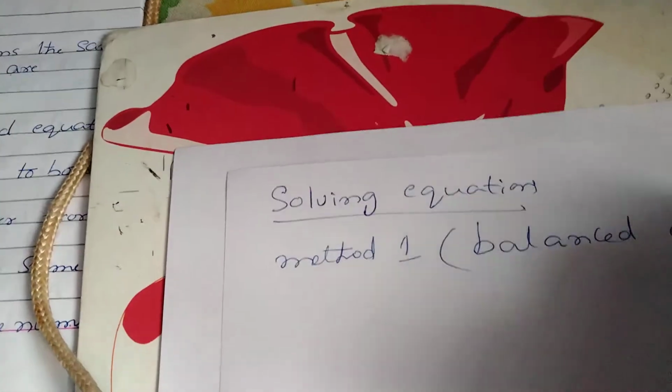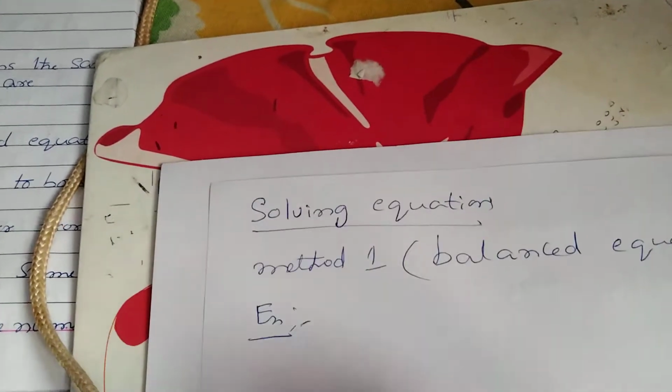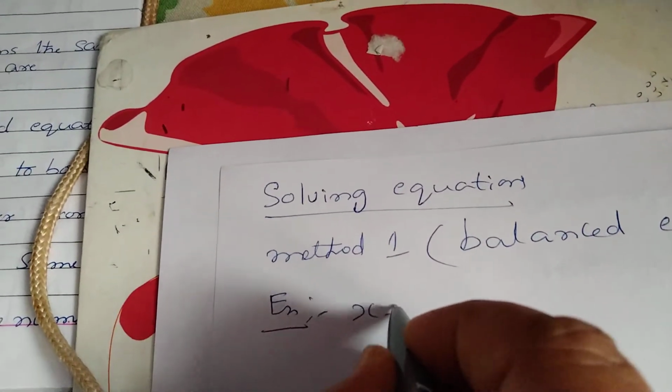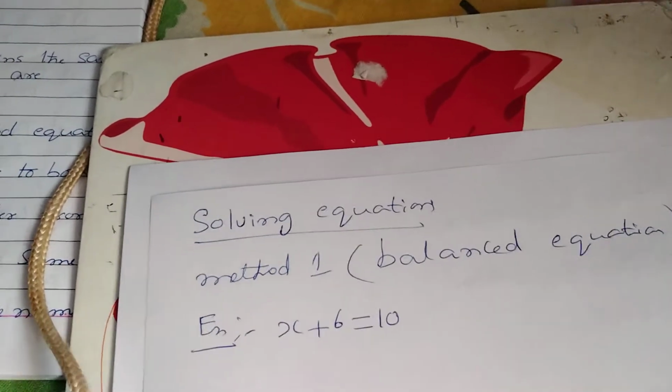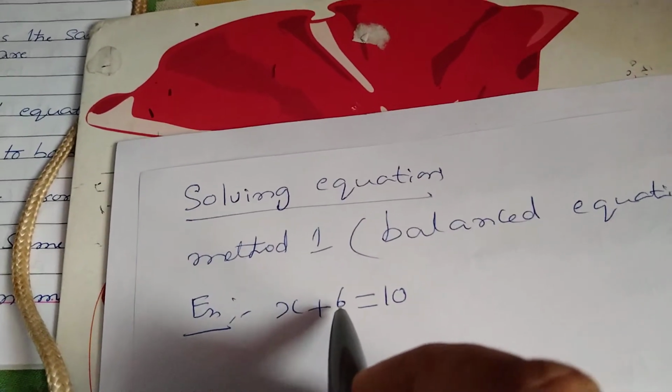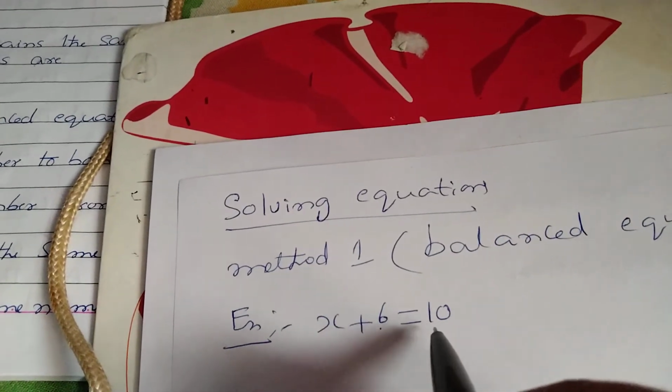So this is one method. For example, the equation x plus 6 is equal to 10. Here we have to subtract this 6 from both the sides. That is, subtract 6 from x plus 6 and 10.